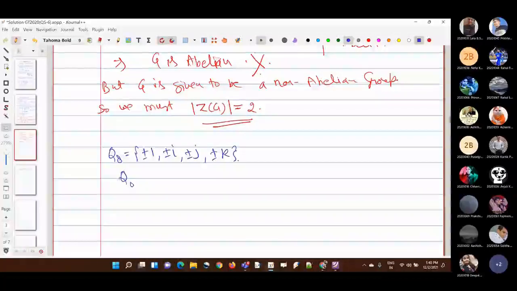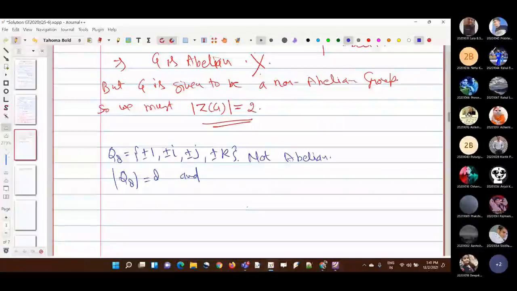So the order of Q8 is 8, and it is not abelian. In the center of Q8, the elements which commute with all other elements are only two, 1 and -1. So this example supports our argument.